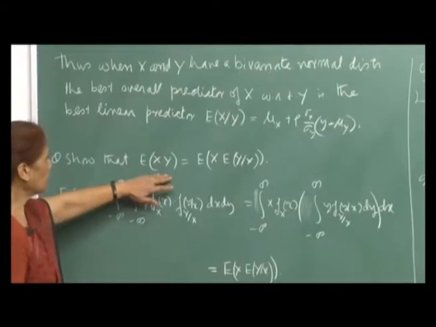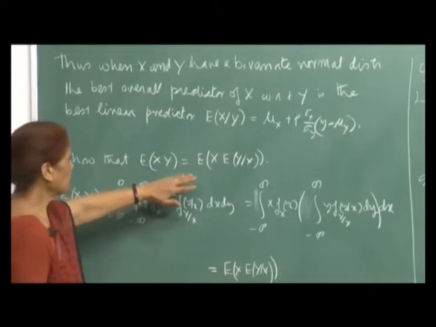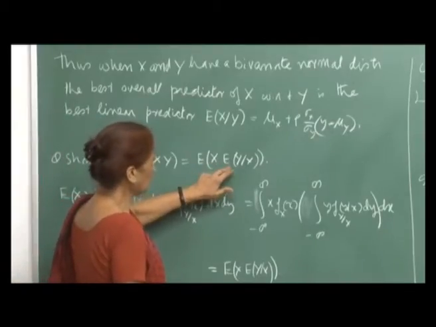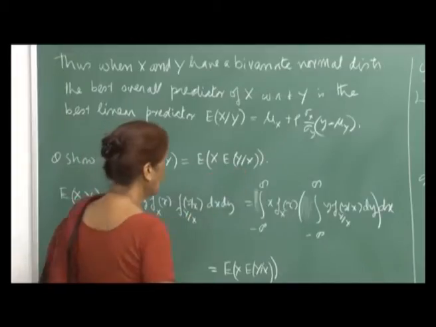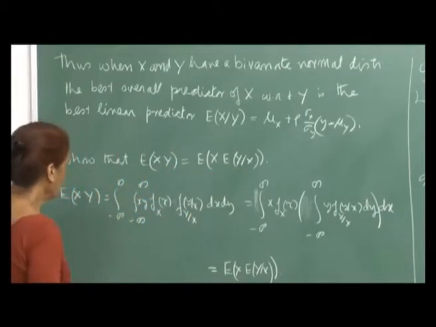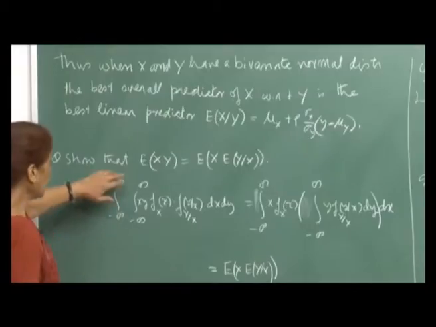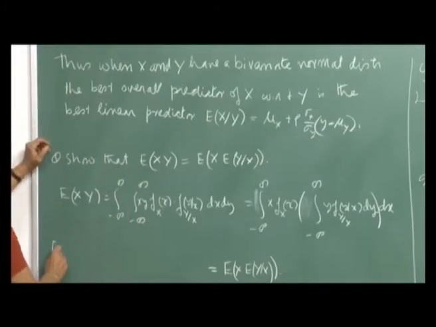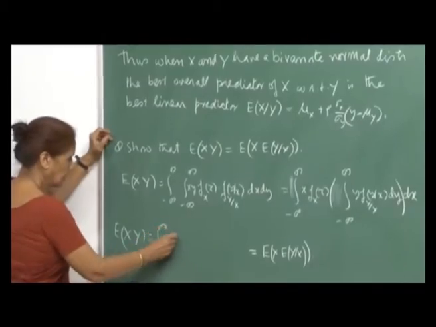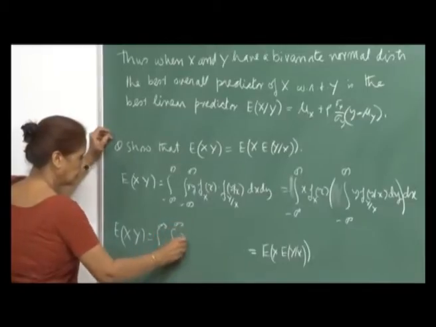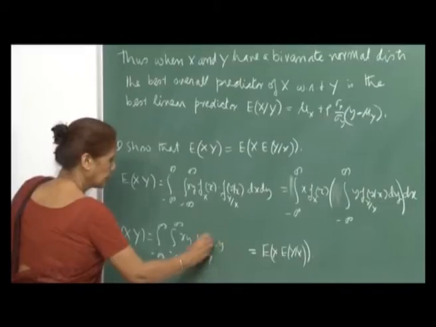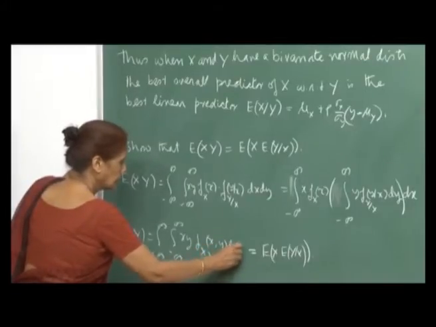Now we will show that expectation of x y is the expectation of x into the expectation of y given x. This is a simple calculation. Here, of course, I have not written out all the steps. When you want to write expectation of x y, the starting expression is the integral of x y into the joint PDF, dx dy.